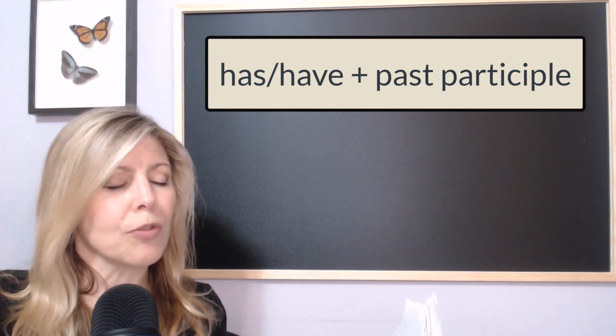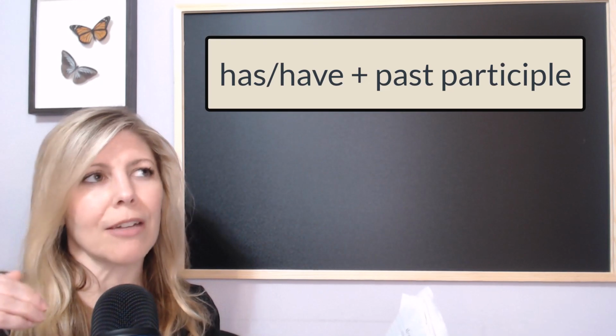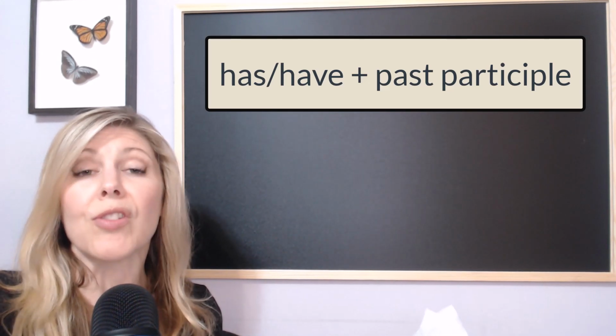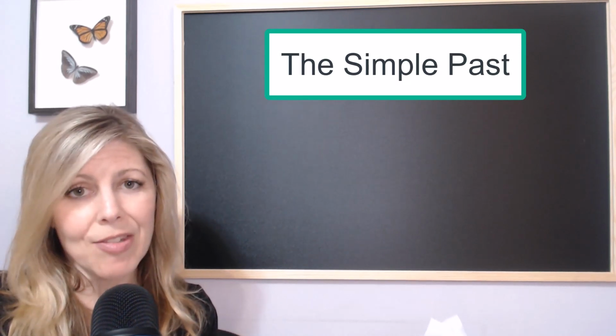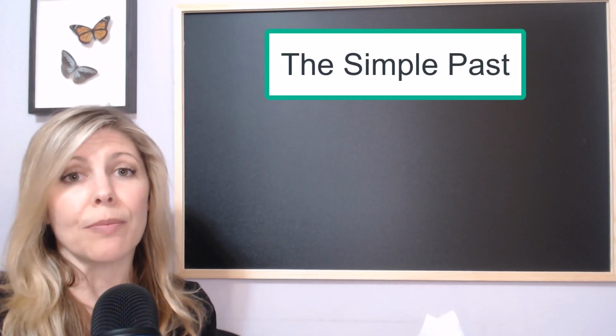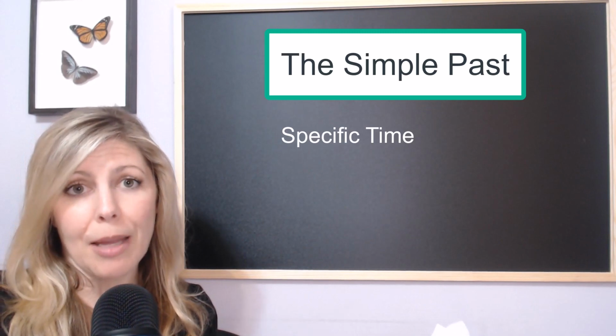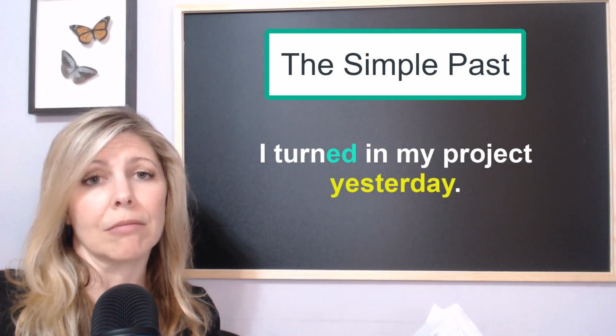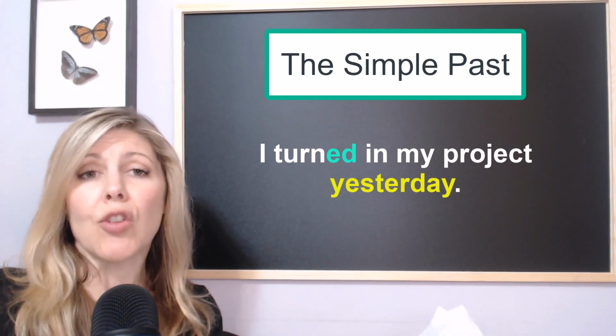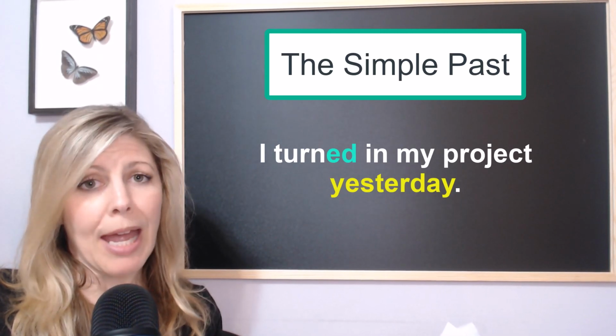So talking about specific time, that kind of carries us over into the simple past. So when we talk about the simple past, we use a specific time. I turned in my project yesterday. When? Yesterday. So my verb is in the simple past.